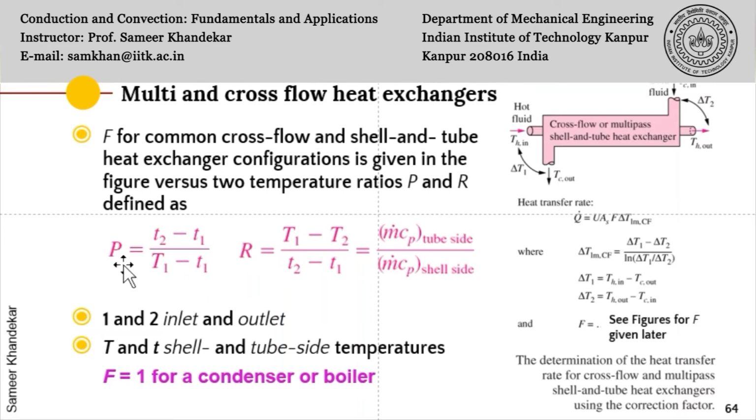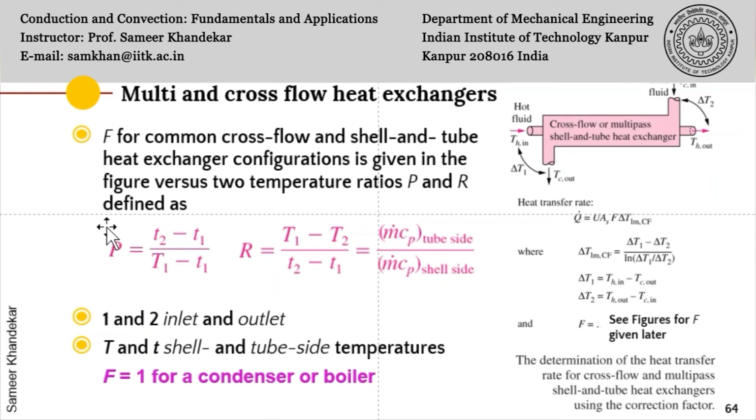P is equal to small t2 minus small t1 divided by capital T1 minus small t1, and R is capital T1 minus capital T2 divided by small t2 minus small t1, which is incidentally also equal to m dot Cp of the tube side over m dot Cp of the shell side.